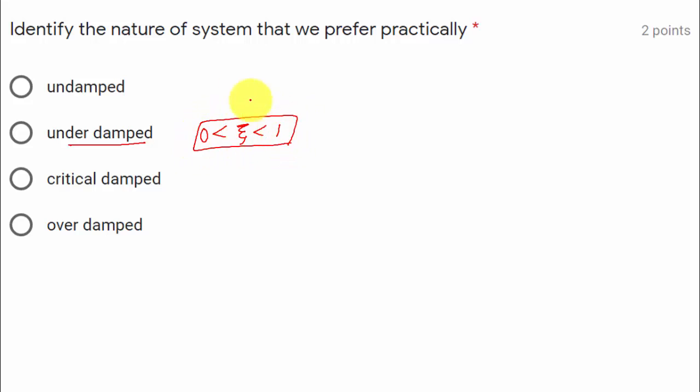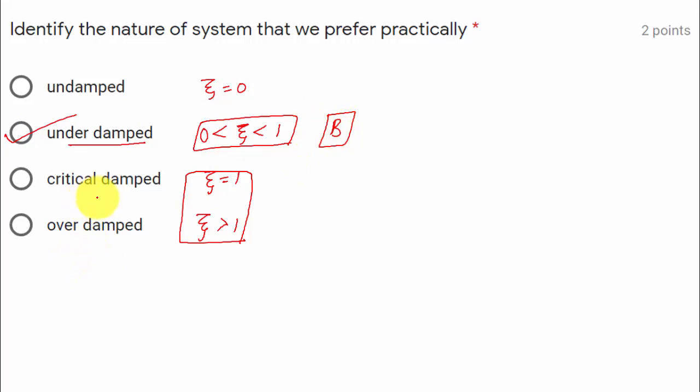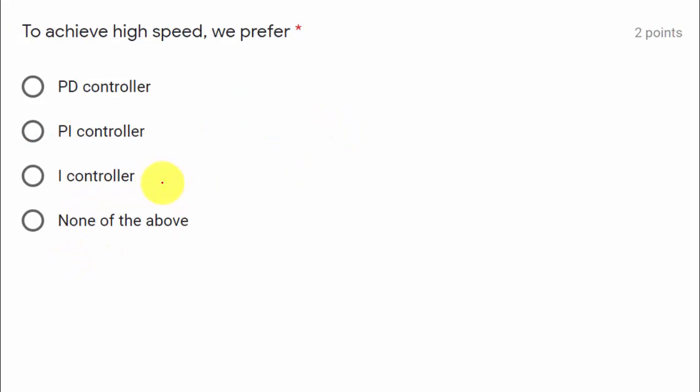In an overdamped system, zeta is greater than 1. So this is very, very important. Practically we use an underdamped system, but the best system is the critically damped system.